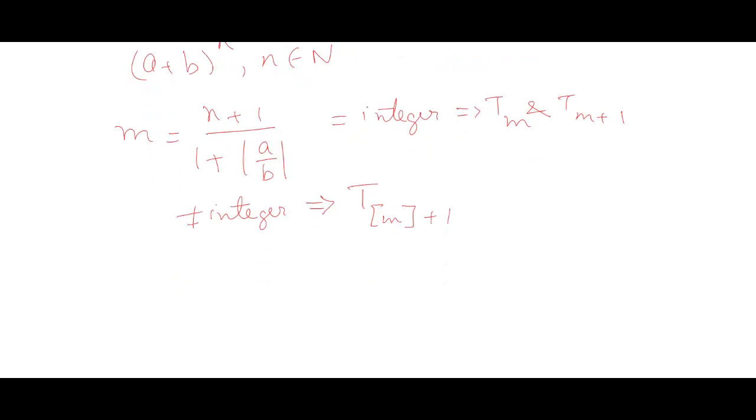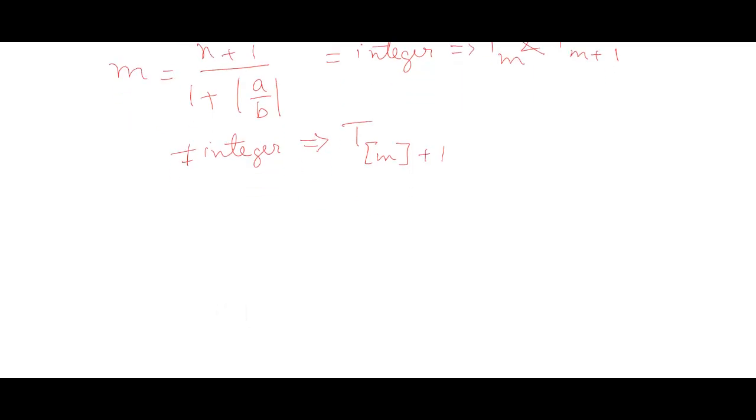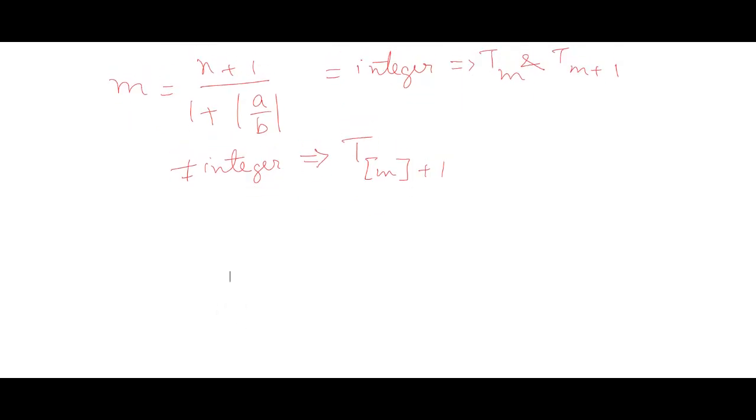So let us now illustrate this with a particular example. We have to find the numerically greatest term in the expansion (2 + 3x)^9 if x is equal to 3/2.